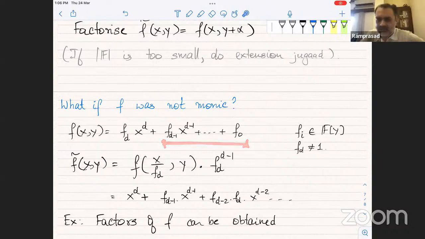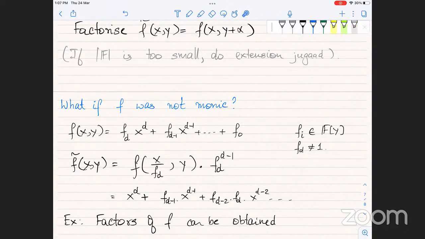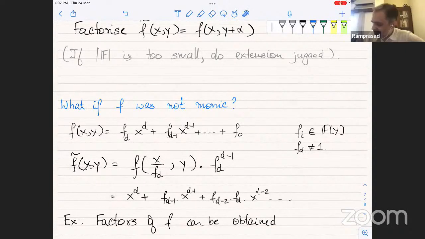What do I end up getting? I will end up with something that has fd power i in the denominator, where i is at most d minus 1 for all the lower order terms. And since I'm multiplying by fd power d minus 1 on the outside, I can cancel the denominator off. Okay. Got it.